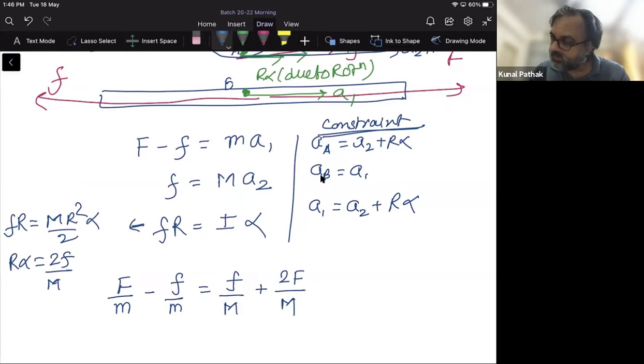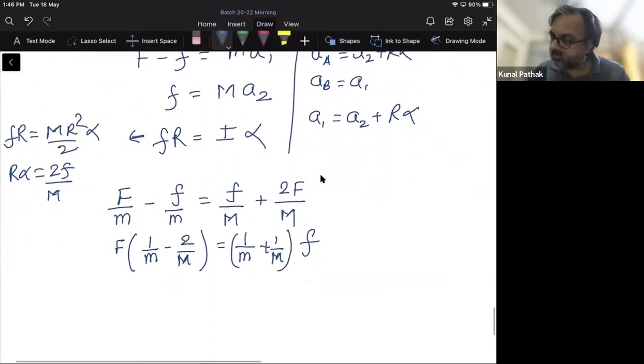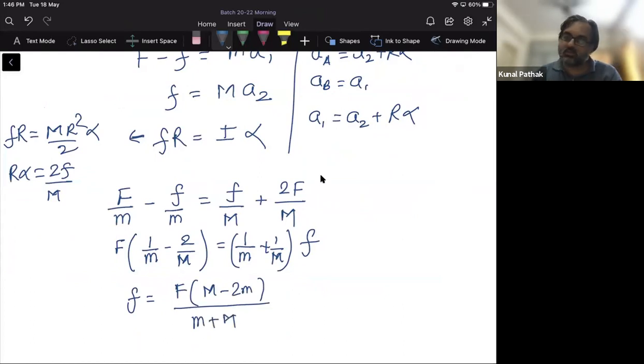So I will get f into 1 by m minus 2 by m is equal to 1 by m plus 1 by m into f. And these are one of the many ways of solving this, right? So f will be equal to capital F m minus 2m upon m plus m, क्योंकि दोनों fractions में जो denominator है वो cancel out हो जाएगा, right?